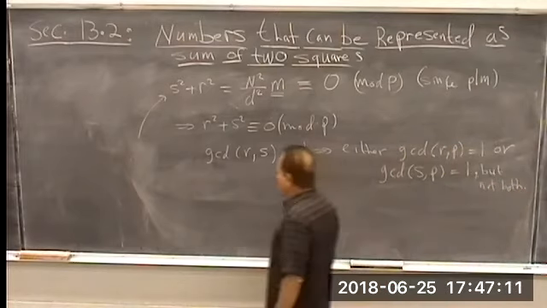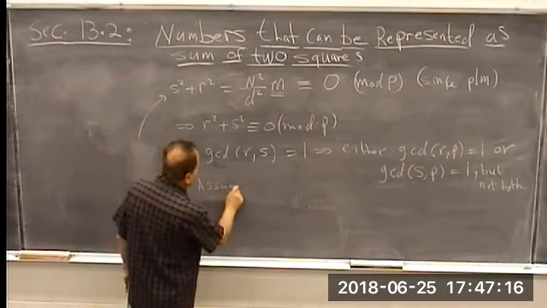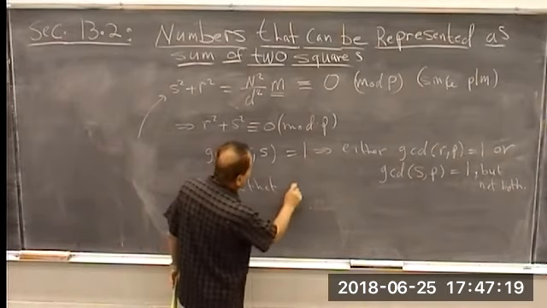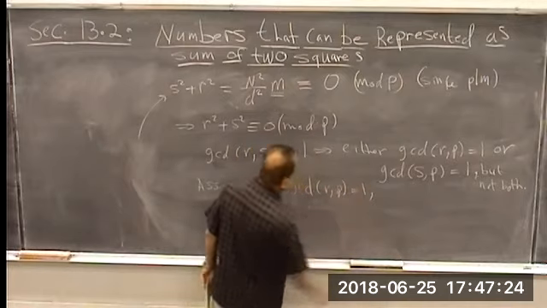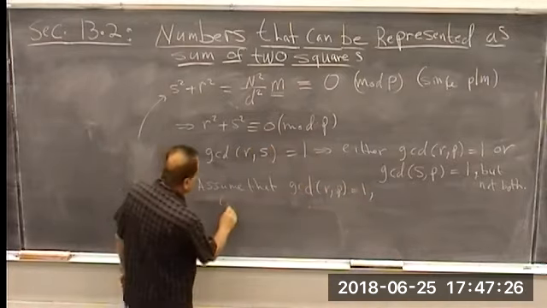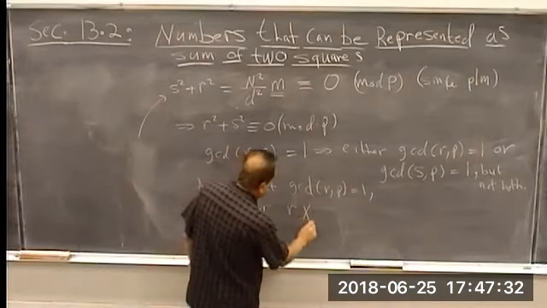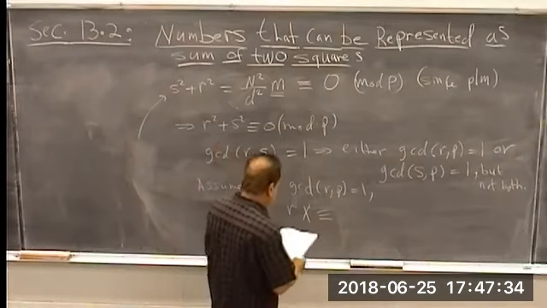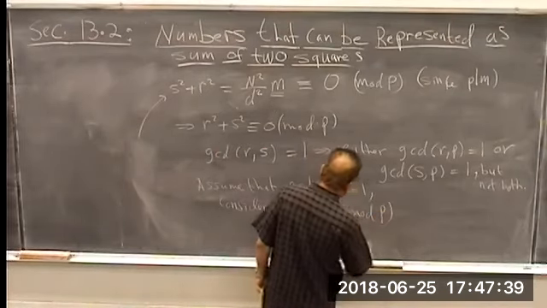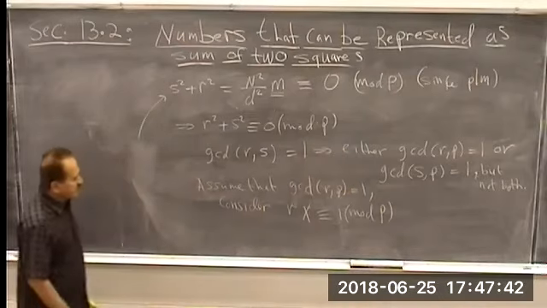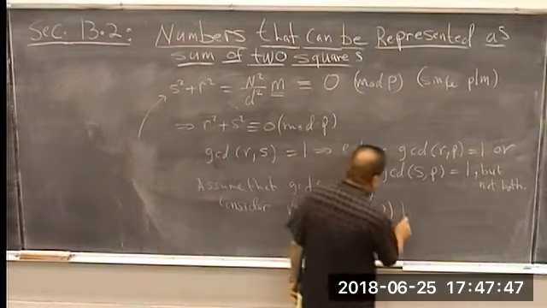So let's assume, without loss of generality, that the greatest common divisor of R and P is equal to 1. Then we're going to consider this linear congruence equation, Rx congruent to 1 mod P. Since we have the greatest common divisor of R and P is equal to 1, this has a unique solution.